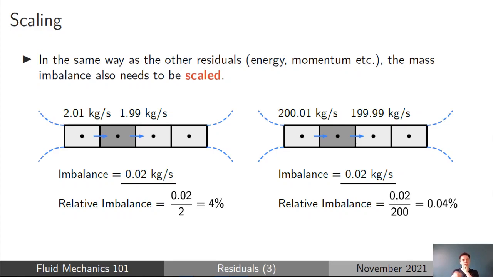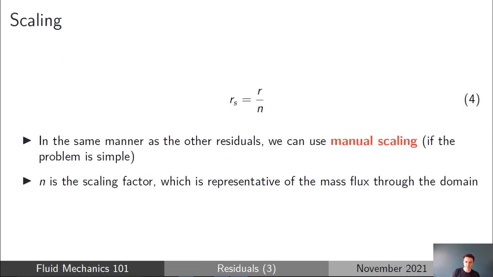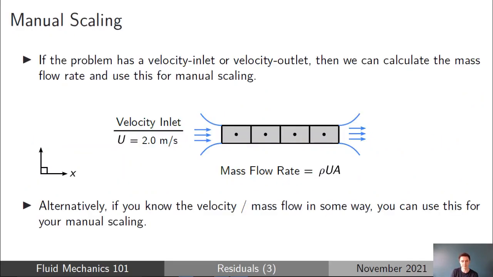And so the same idea of scaling applies here for the mass imbalance, and we would like to scale the mass imbalance if possible. We could use the same formula that we used before for the energy equation. We could take our representative mass imbalance R and divide that by our scaling factor n, which this time would be representative of the mass flux through the domain rather than the energy flux through the domain.